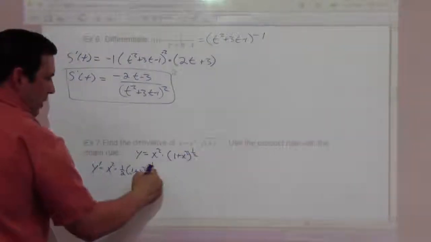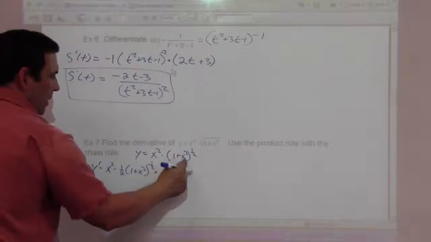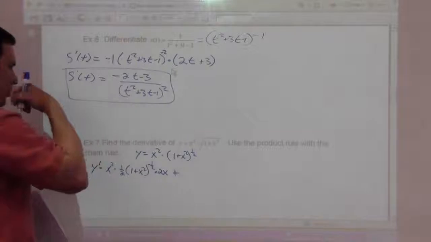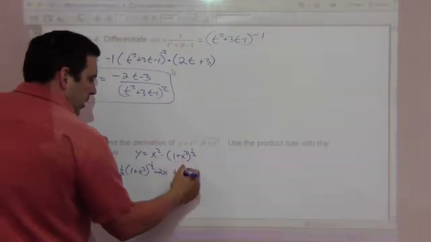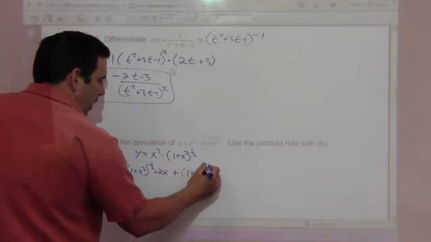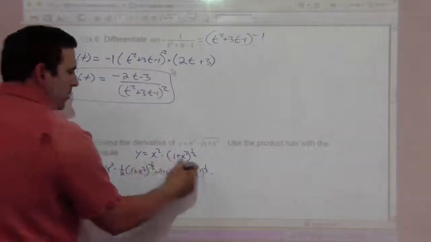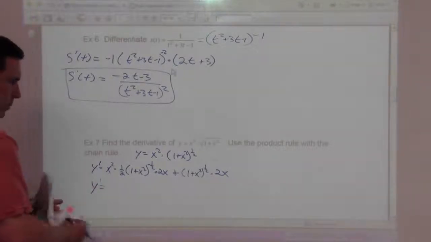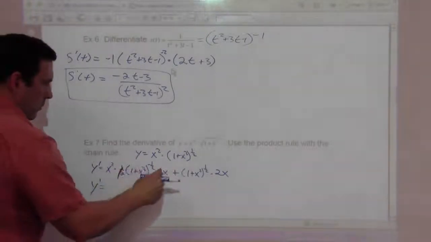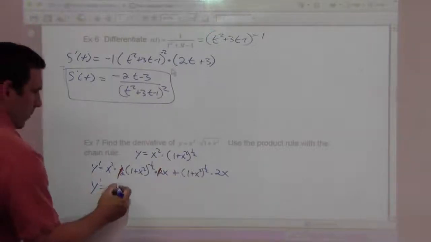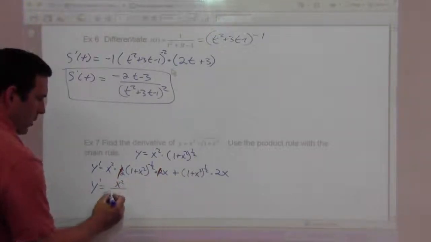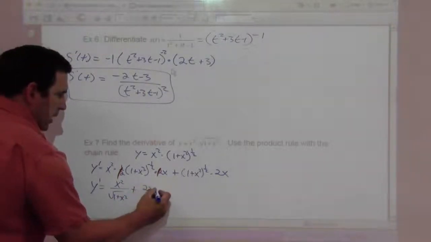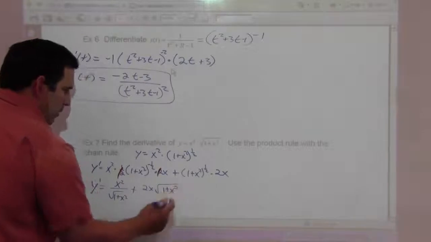The 1/2 minus 1 is negative 1/2, times the derivative of what's inside, and that's going to be 2x, plus this second thing, which is 1 plus x squared to the 1/2, times the derivative of the first thing, which is 2x. So y prime is going to be x squared over the square root of 1 plus x squared plus 2x times the square root of 1 plus x squared.